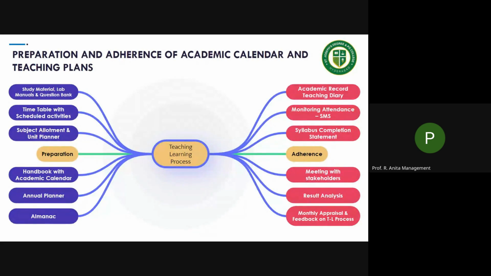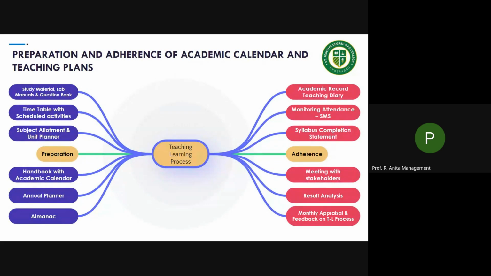Have study material, lab manuals or a question bank, and see what rules and regulations relate to examinations, to the clubs that you have, and to the events. You have a handbook, along with the calendar, which we are going to publish.